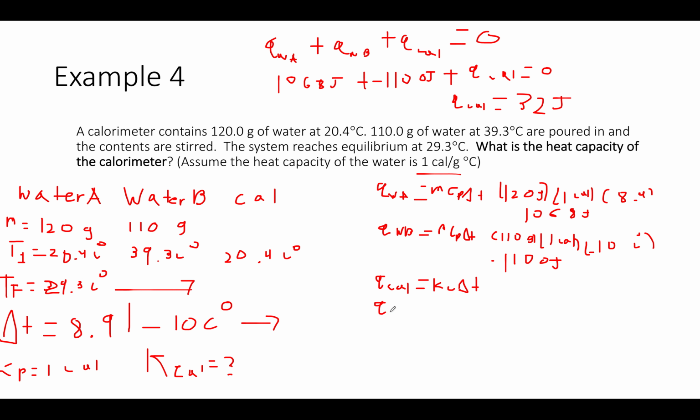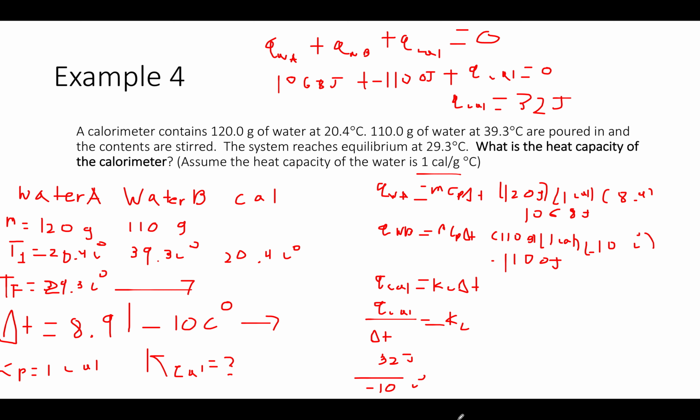So quick algebra, the heat of the calorimeter divided by delta T equals Kc, the heat capacity of the calorimeter. Heat of the calorimeter, 32 joules. Change in temperature, negative 10 degrees centigrade. Quick math, 32 divided by negative 10.